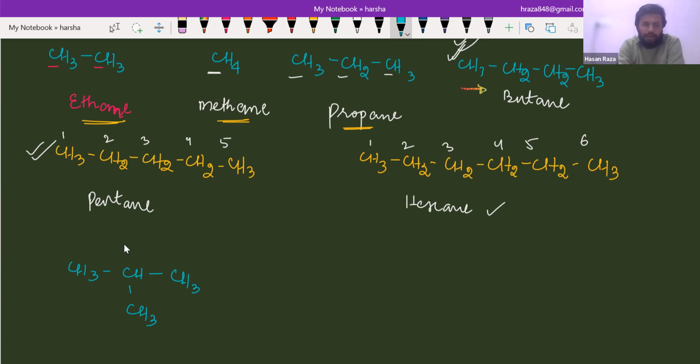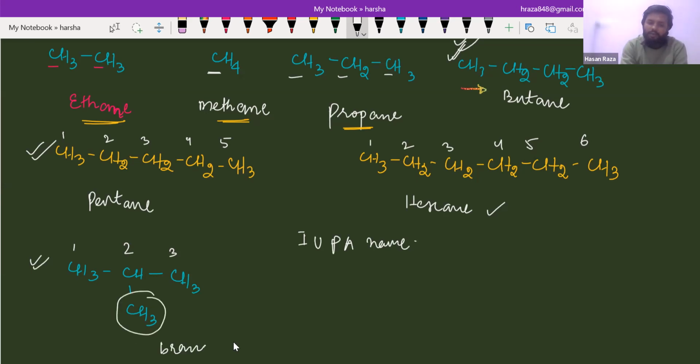Like if I write 1, 2, 3, this is the longest chain in this compound. Whenever you write the IUPAC name, this is the branch of the compound, and we also call it substituent.